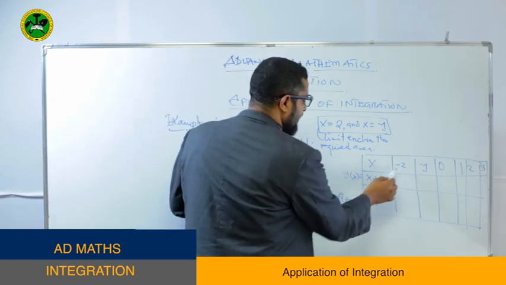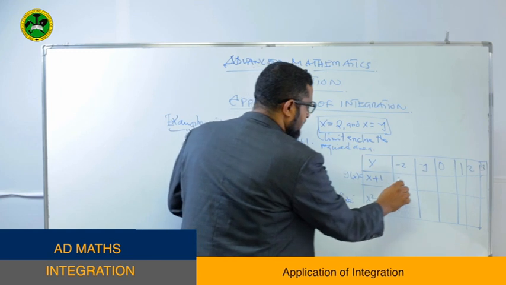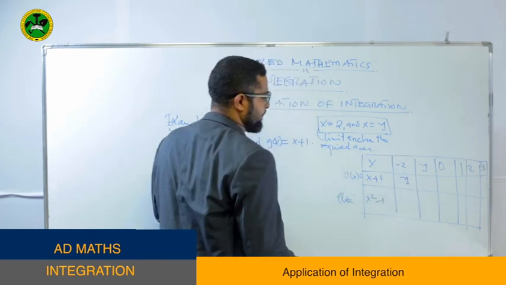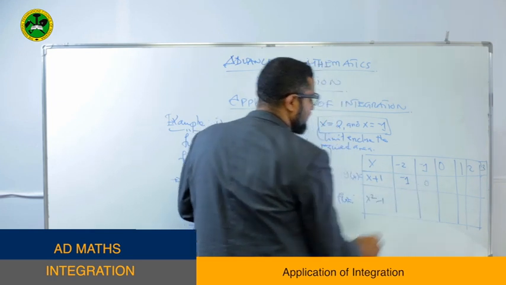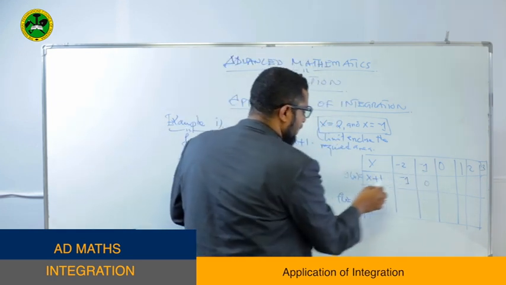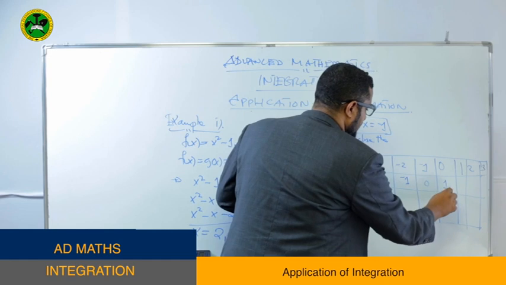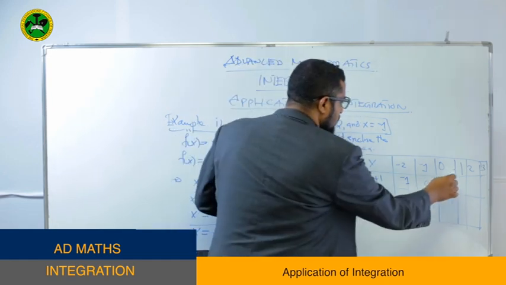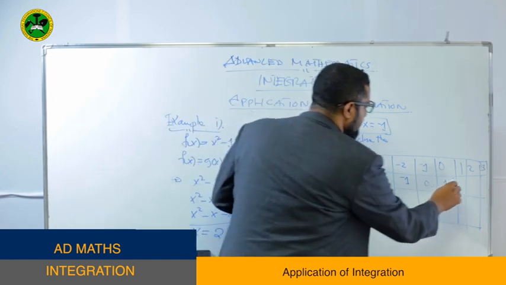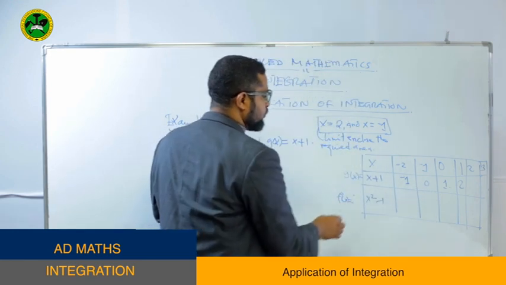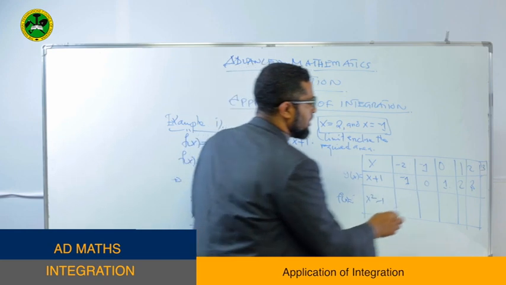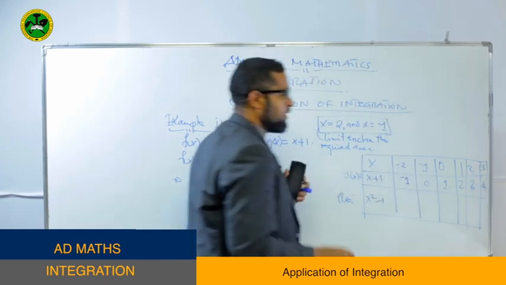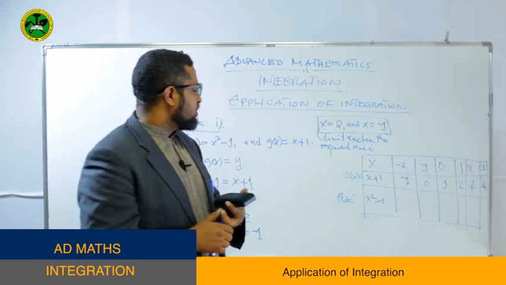When x is negative 2, negative 2 plus 1, we'll have negative 1. When x is negative 1, negative 1 plus 1 will be 0. When x is 0, we'll have positive 1. And when it is 1, it will be 2. When x is 2, it will be equal to 3. And when x is equal to 3, we'll have 4. That is in the case of g of x.